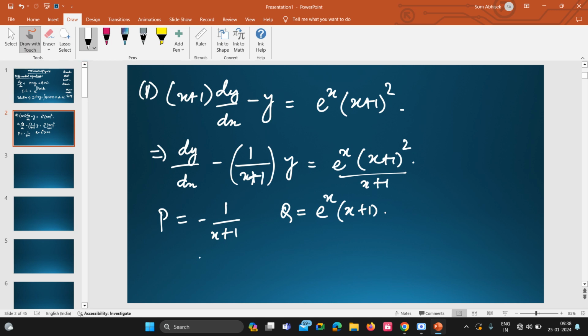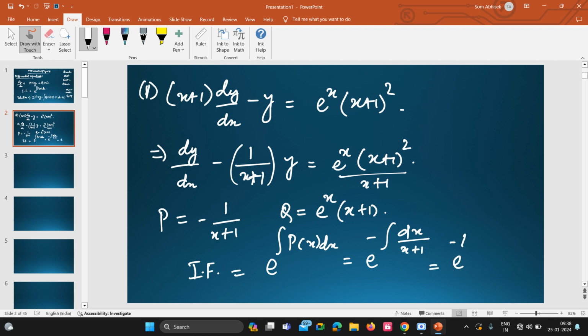So now we can put the formula: integrating factor is e to the power integral of p dx. So e to the power minus integral of dx by x plus 1, that will give me e to the power minus ln(x plus 1). You can also write it as e to the power ln (x plus 1) to the power minus 1.